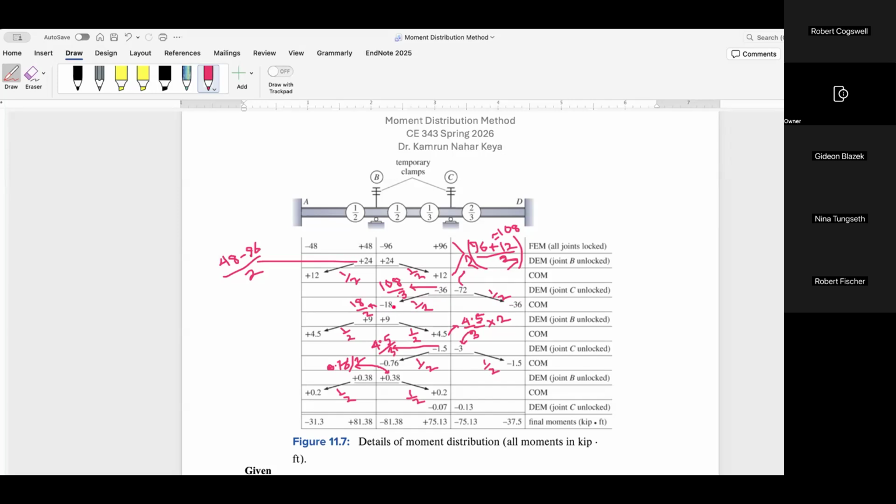So we get that 18, and this 18 will also come to this joint at B. So what is the distribution factor? Half. So 18 into half is plus 9, because it was minus, plus 9. Here also plus 9 because both joints are the same. And now half, half. Make sense?